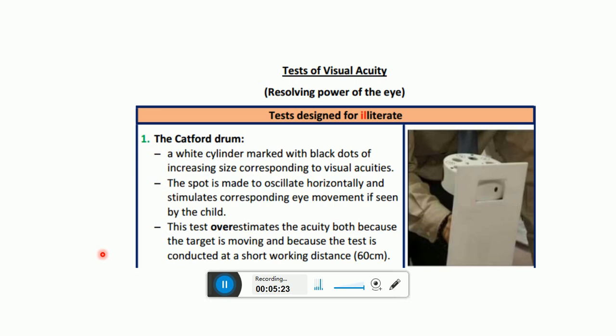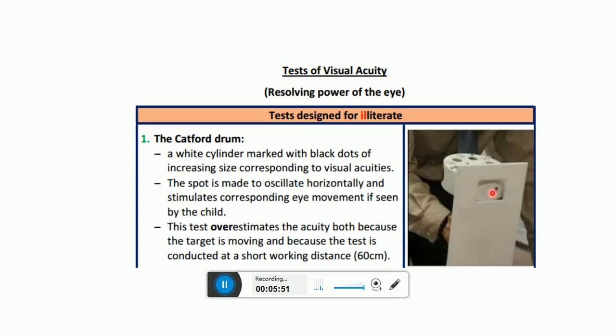The CAT 4 drum comprises a wide cylinder which is marked with black dots. Here you can see the black dots of increasing size corresponding to visual acuity ranging from 6 by 6 to 2 by 60. When viewed from 60 cm, the drum is masked by a screen except for a rectangular aperture which exposes a single spot.